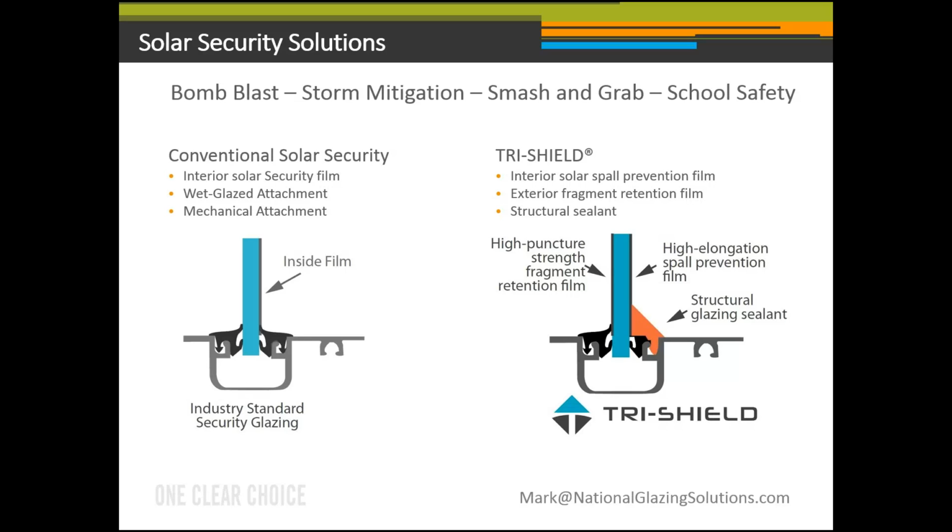The Tri-Shield solution not only has an interior solar security spall prevention film, it also has an exterior fragment retention film. And then put together with a structural sealant, the Tri-Shield encapsulates the window, increasing the performance above the conventional solar security solution.